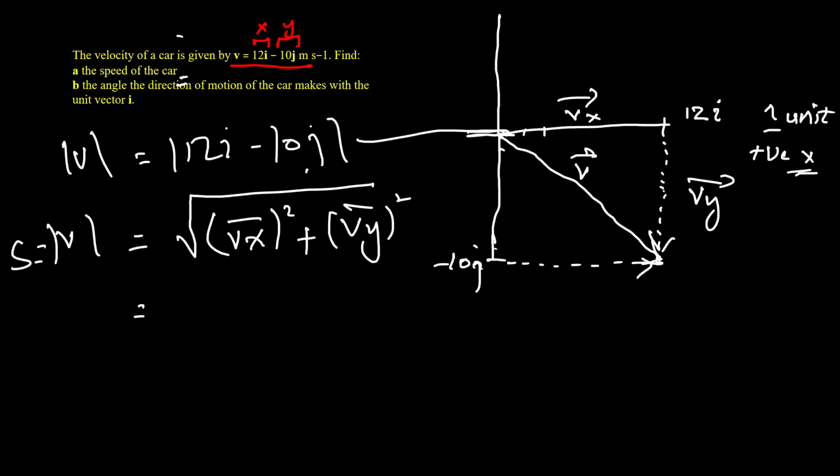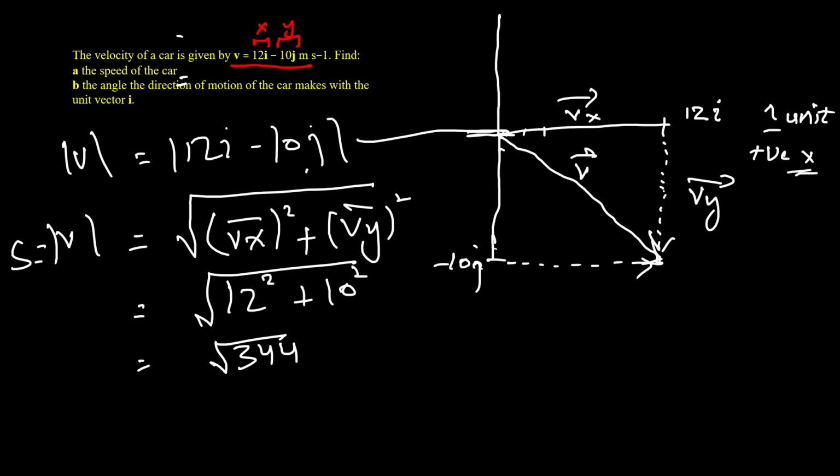This will give us the speed of the car, which is 12 squared plus 10 squared, equal to square root 344. So that's the speed of the car.